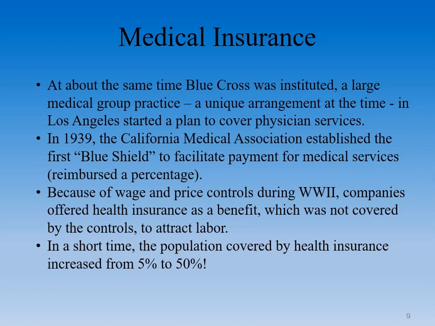In 1939, the California Medical Association established the first Blue Shield to facilitate payment for medical service, which was reimbursed at a percentage. Because of wage and price controls during World War II, companies offered health insurance as a benefit, which was not covered by the controls, to attract labor. In a short time, the population covered by health insurance increased from 5% to 50%, quite a jump.